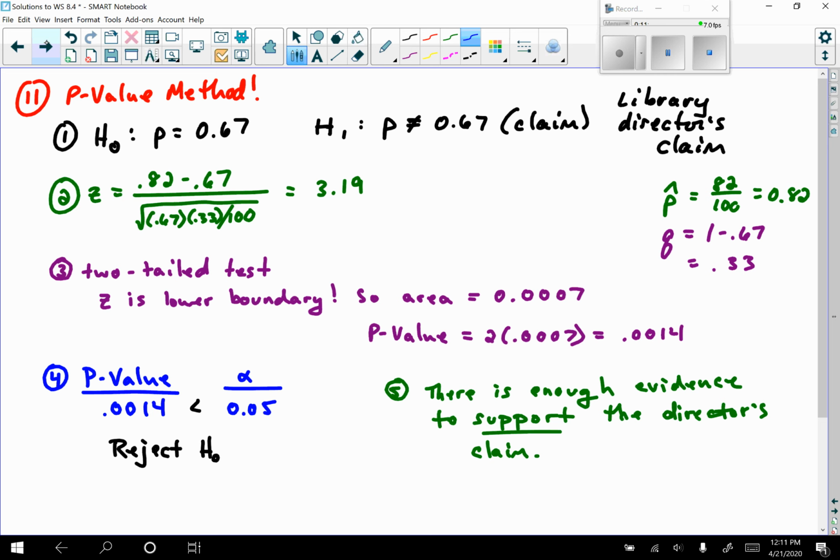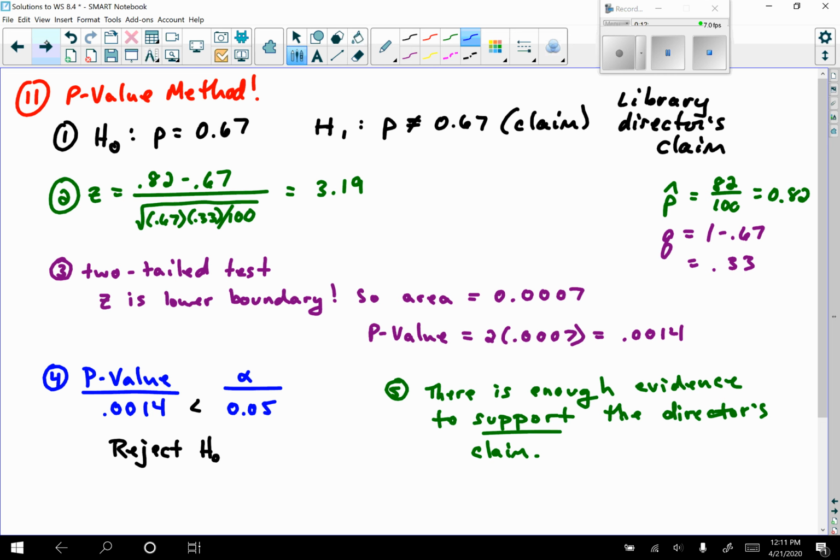So for 2, we calculate the test value. Again, it's a two-tailed test. So in this case, because it came out to be a positive value, that is going to be our lower boundary. So we type in the 3.19 as our lower boundary, the infinity, or 9E999 for the upper boundary, and we get an area, because that's 3.19. That, again, is over 3 standard deviations away from the mean.